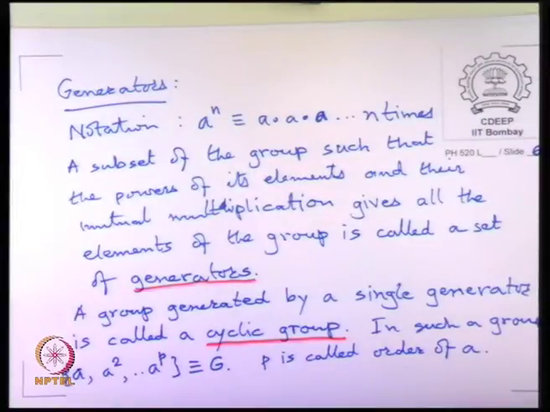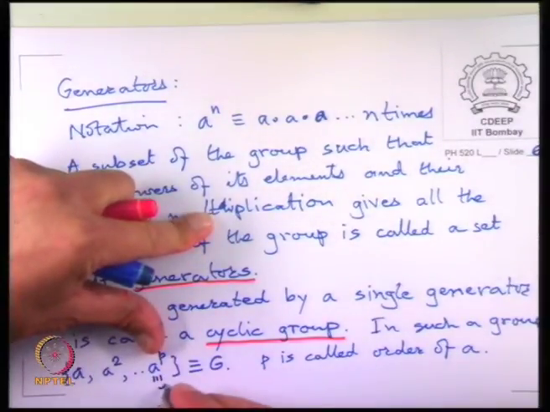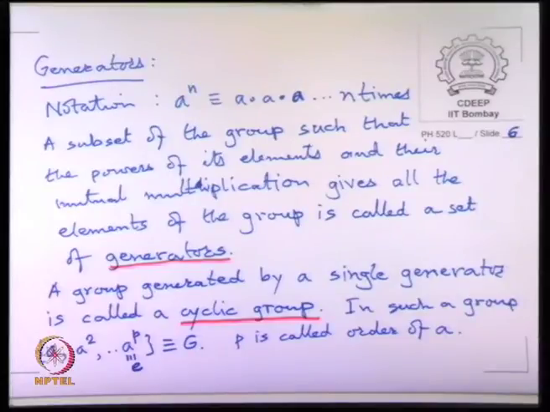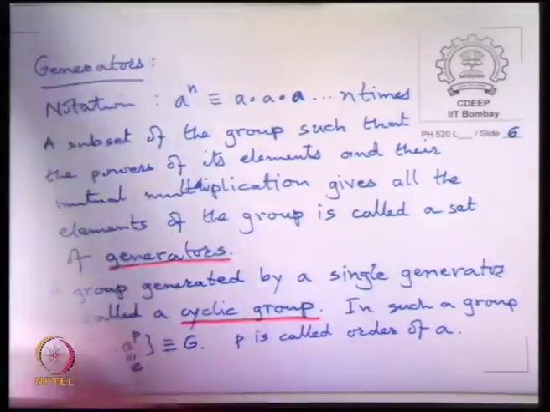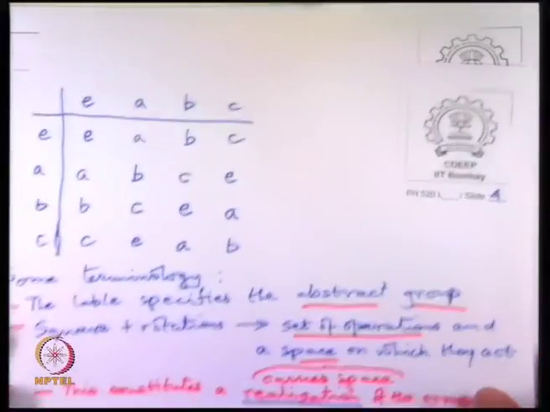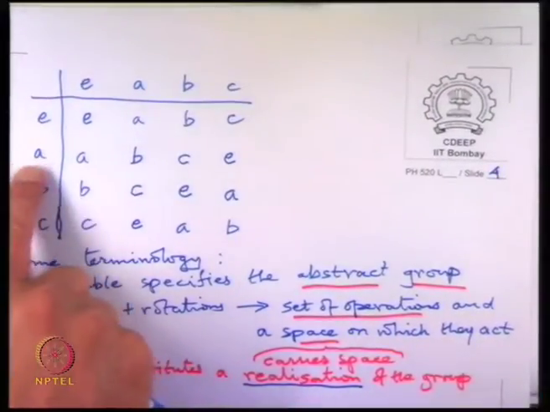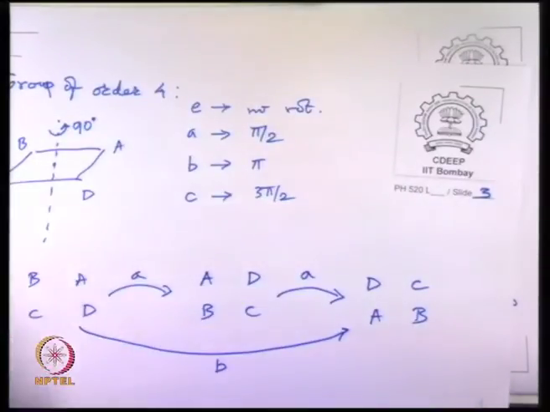I forgot to add that: where a to the p is equivalent to identity, then p is called the order of the element a, of this generator a. And we already saw that example, because in our group of rotations, essentially the 90-degree rotation generates all the other elements. So, it is a generator, and this is a cyclic group of order 4.